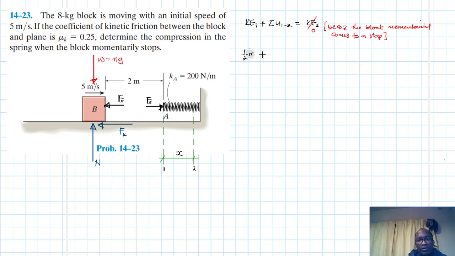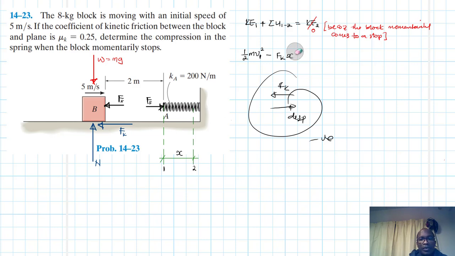So writing this, we're going to have half m v1 squared, minus the work done due to the friction, with the force in this direction and the displacement in this direction. This is negative work, so minus Fk times 2 plus x.